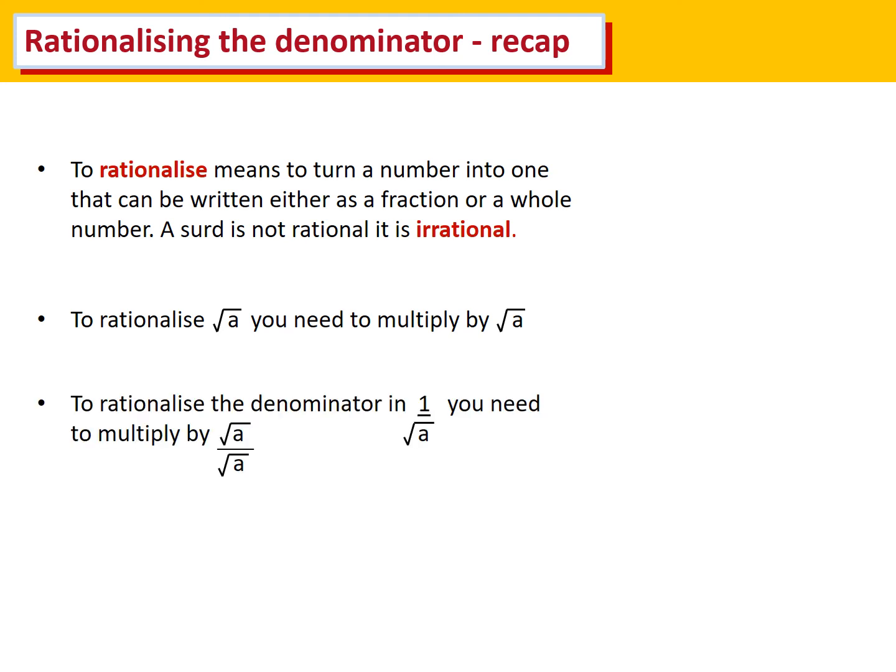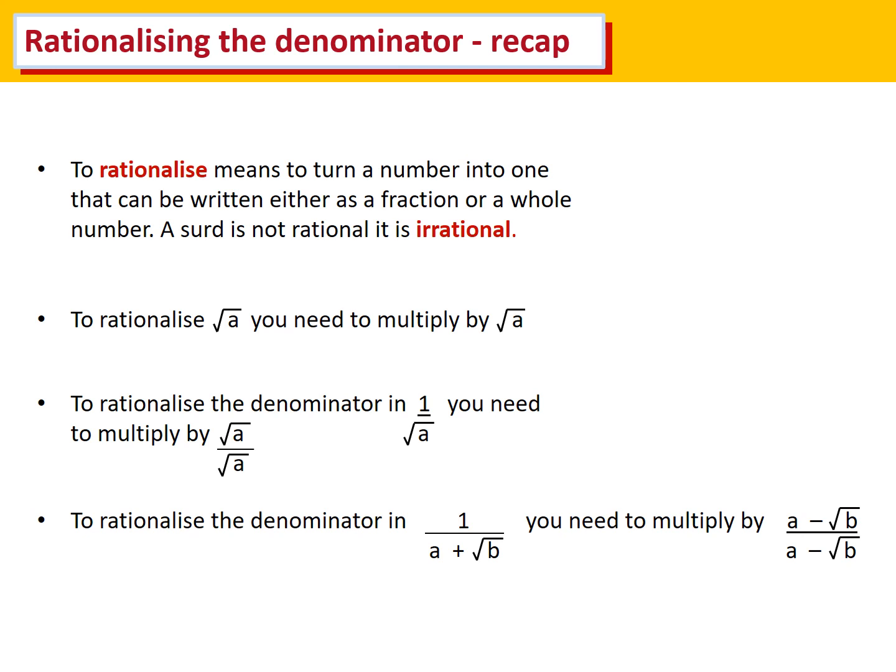If you have 1 divided by root a, then you would multiply by root a over root a. That way, the two numerators, root a and root a, when multiplied together, leave you with something which is not a surd.